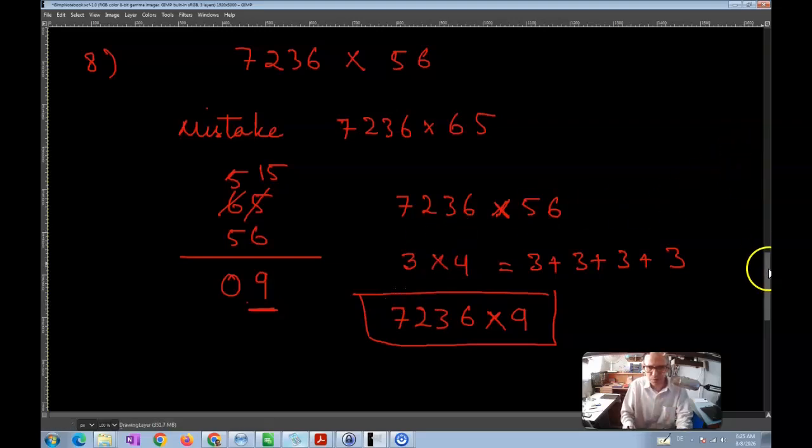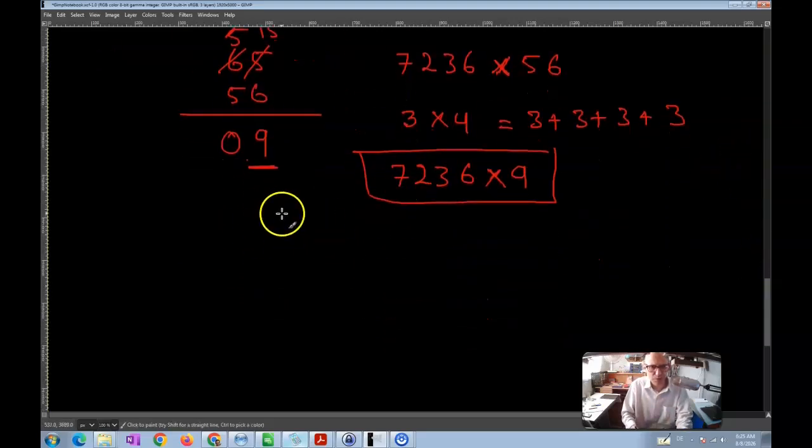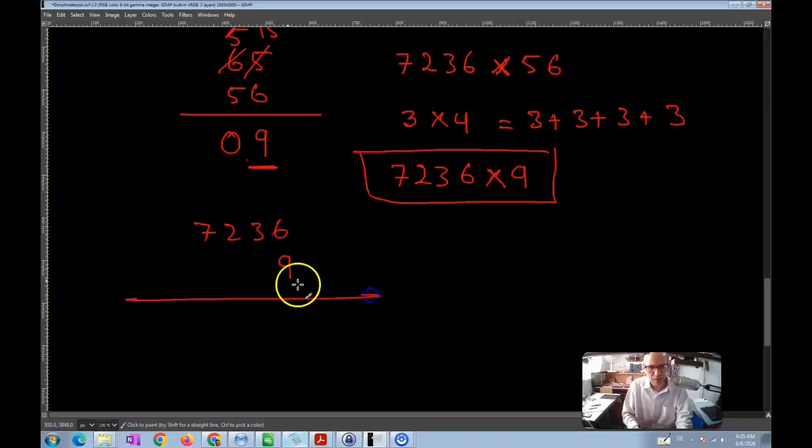And you can do this operation over here. So 7,236 times 9: 9 times 6 is equal to 54. And then 9 times 3 is 27. 27 plus 5 is 32. 9 times 2 is equal to 18, plus 3 is equal to 21. 2.